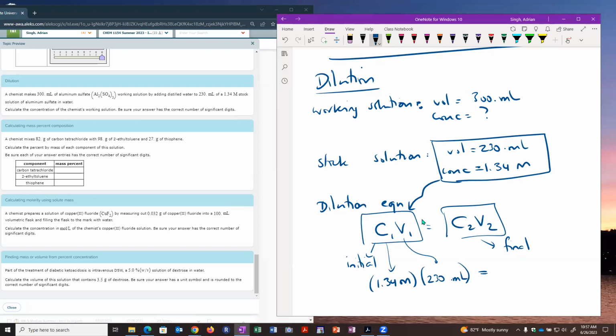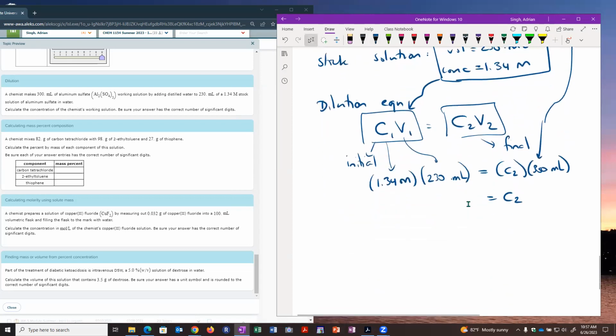And what we're ending up with now, the final concentration is what I don't know. I'm trying to find that. And our V2 final volume here is 300 milliliters. So I need to solve this for C2. I'm going to isolate C2 on one side, move everything else, in this case, the 300 mils to the other side.